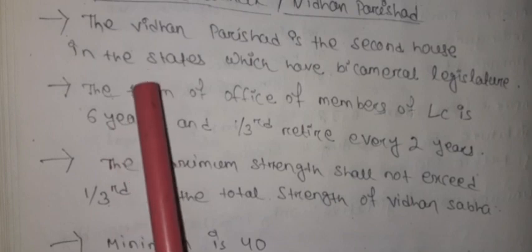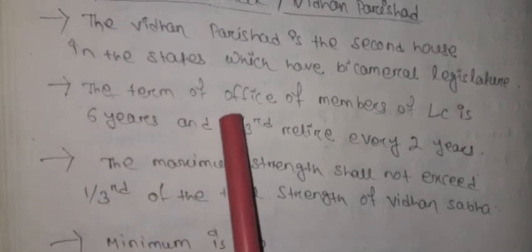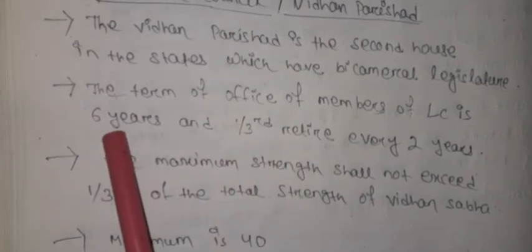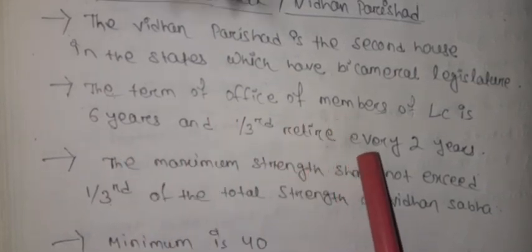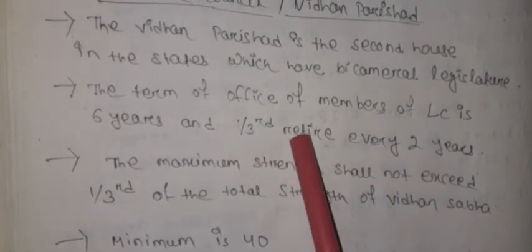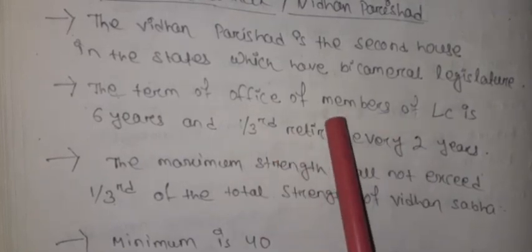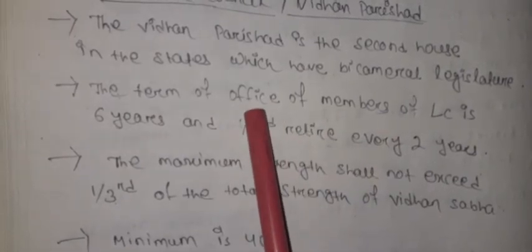The term of the legislative council is 6 years, but not the term of office of members is 6 years. It means that every 2 years, 1/3 of members retire from their office.